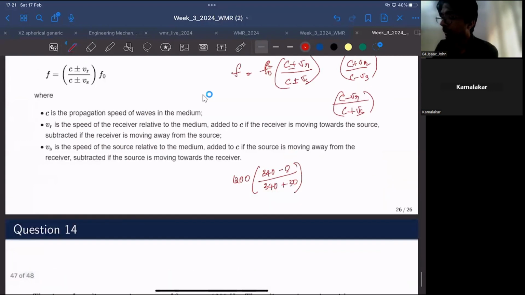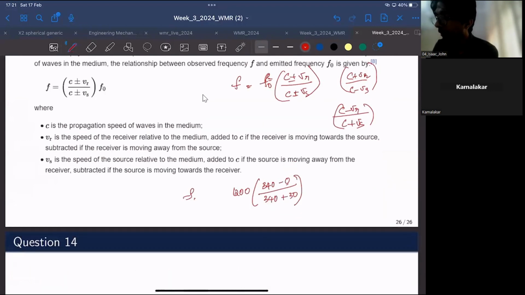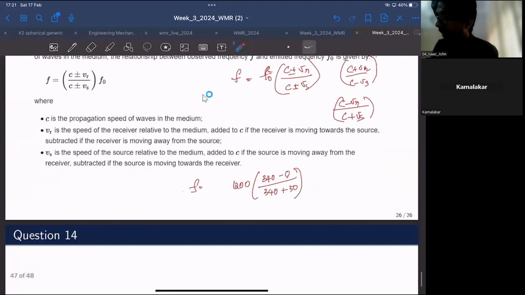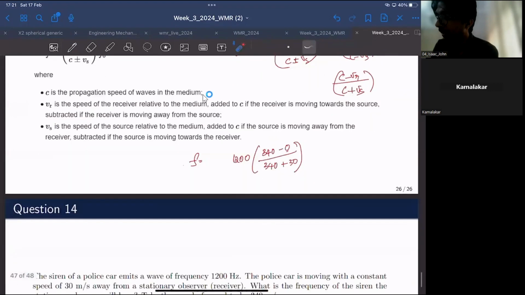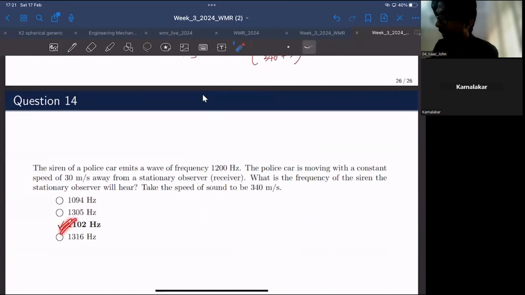If you do that, you will get the observed frequency that is less than 1200, that is lower than 1200. So once you do this calculation, the correct answer would be, I think, 1102.